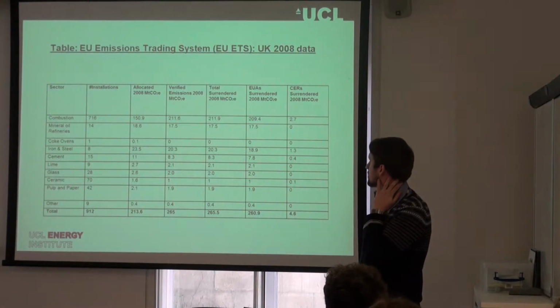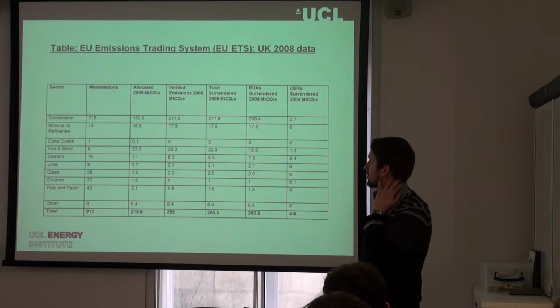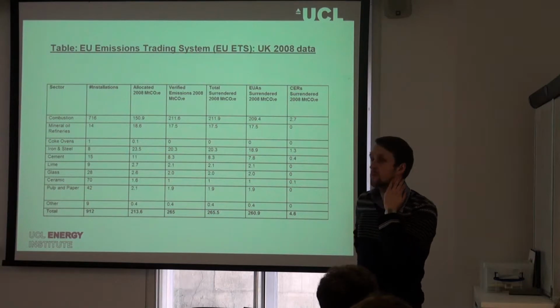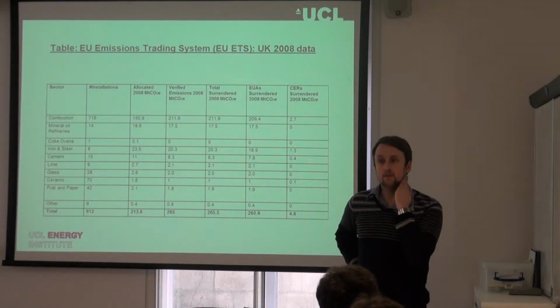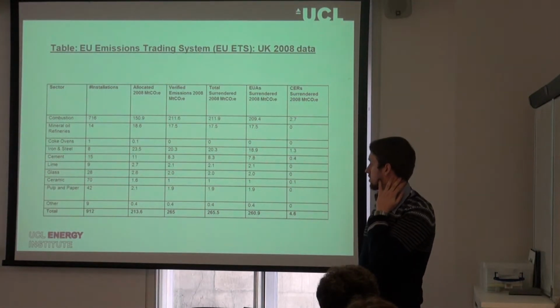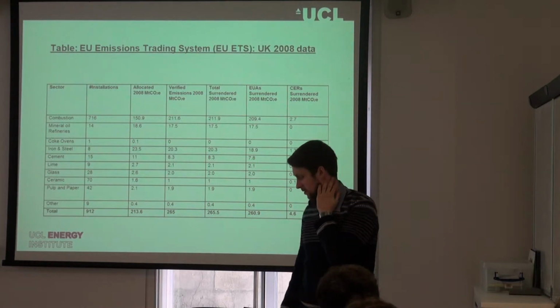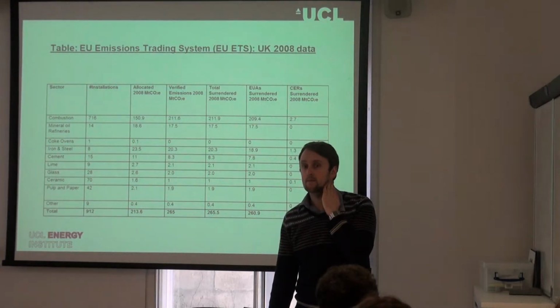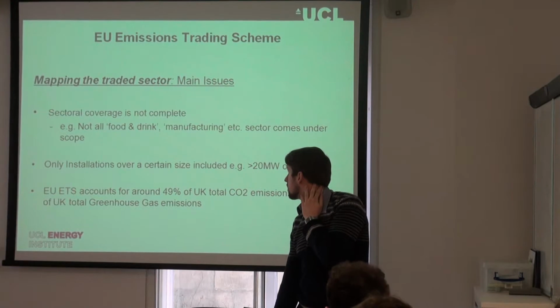That was 2008, with a total of 213 megatons of CO2, 150 million of which were mostly through large electricity producers. You then have things like oil refineries, carbon, iron, steel, and the rest of these sectors. So I wanted to try to identify them in the model.